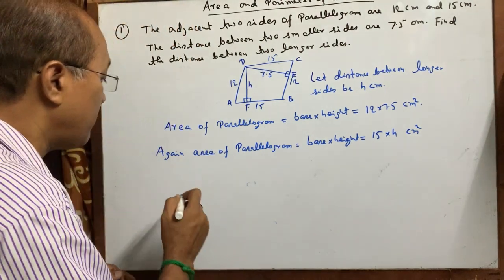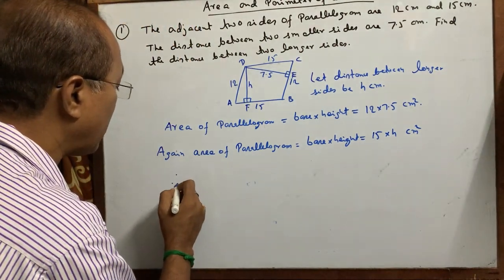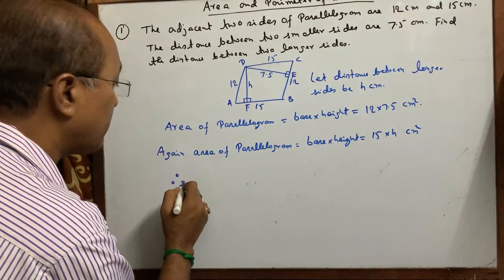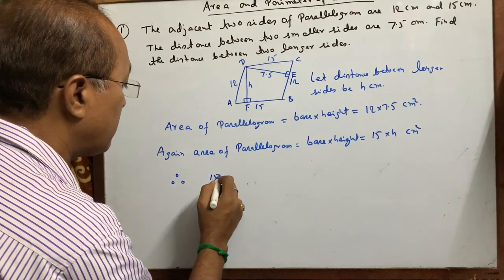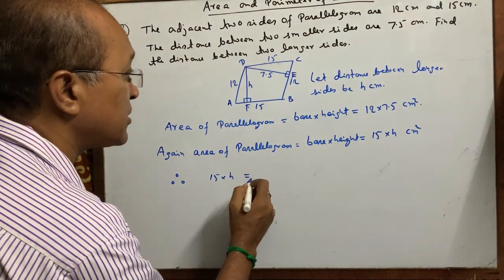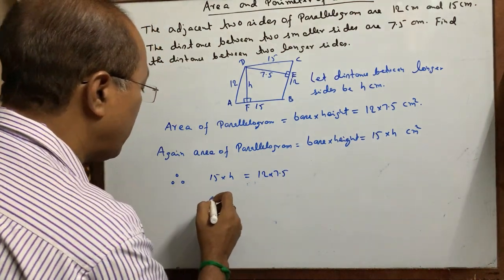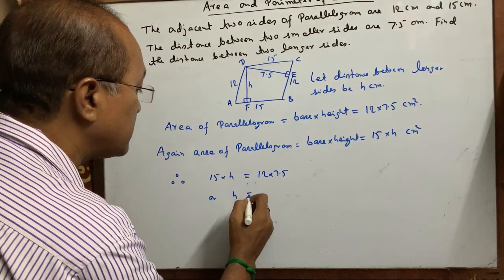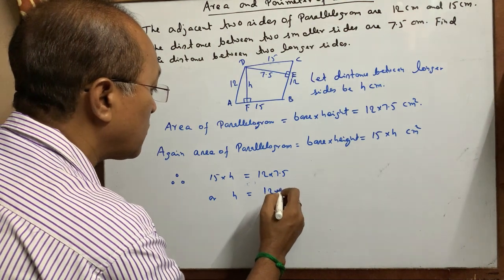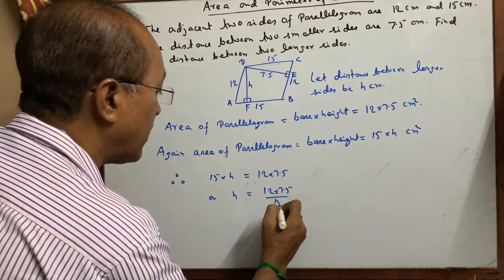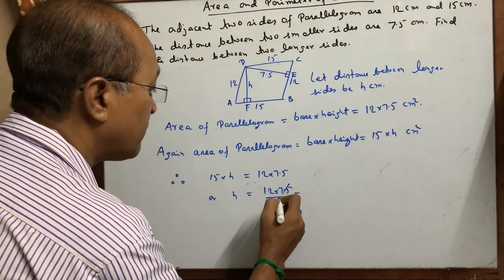So therefore we can write 15 into h is equal to 12 into 7.5, or h is equal to 12 into 7.5 by 15.